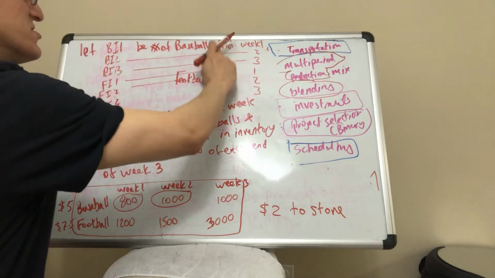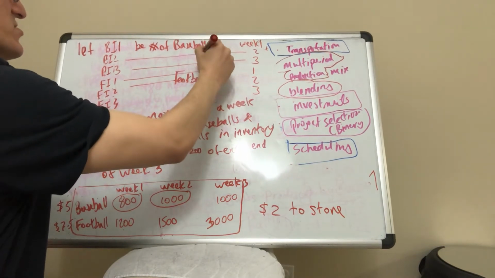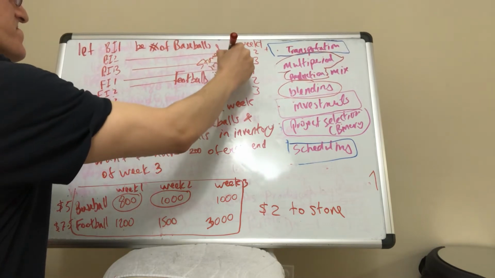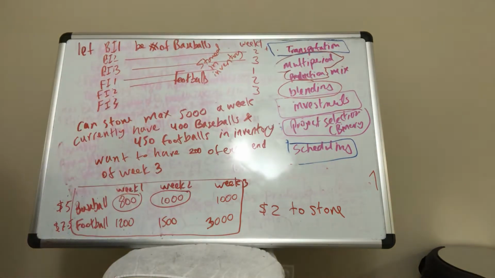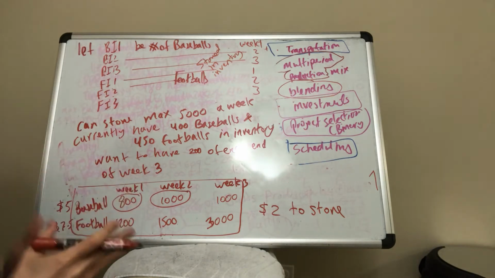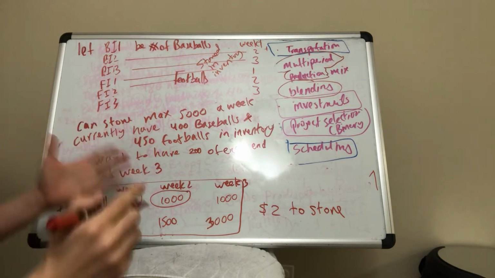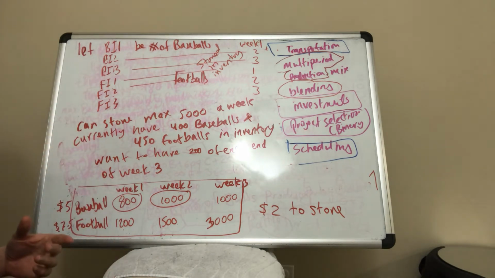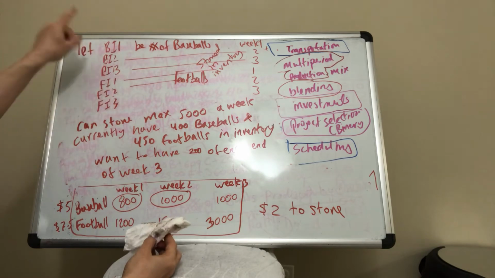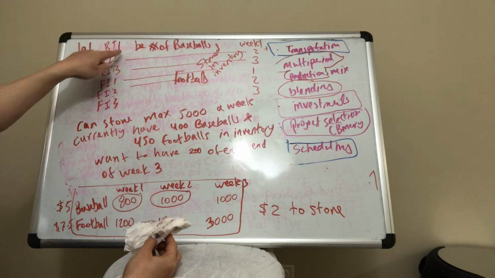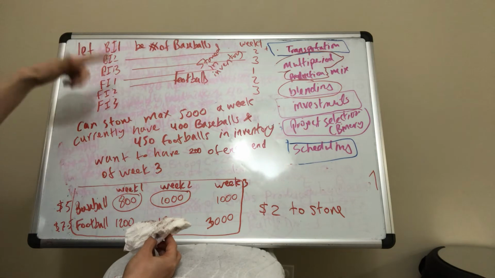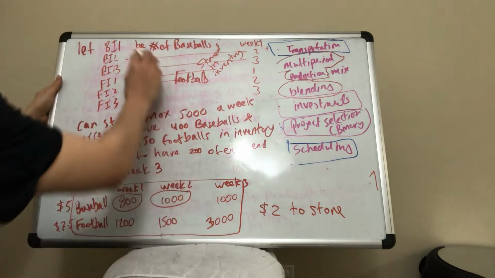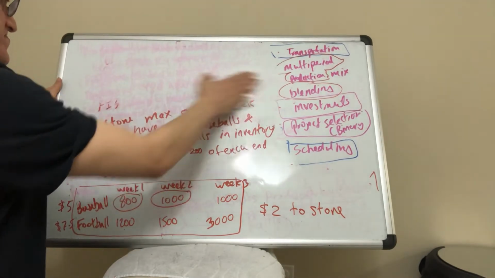These are the number stored in inventory, weeks 1, 2, 3. So now you can store, you can produce. Altogether, there are 12 different variables. After you define all of them, remember, BI1 is baseball, stored, inventory, week 1. FP1 is football, produced, week 1.